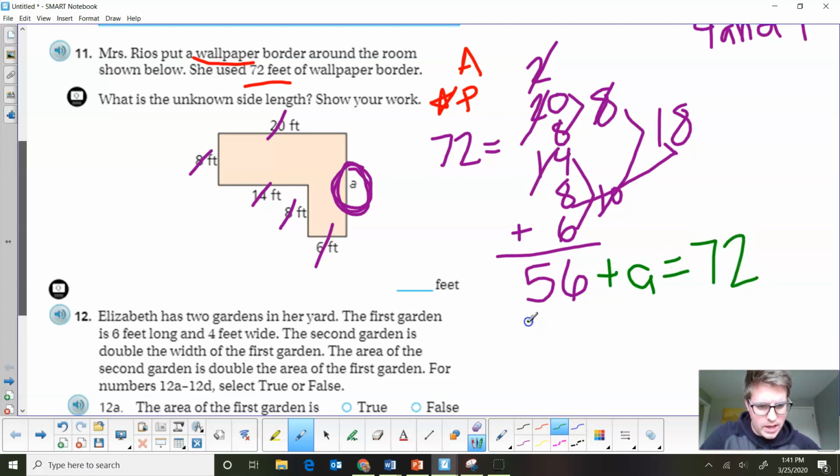So if we can't add forwards, because we don't know, let's try subtracting backwards. So let's try doing 72, I'm going to do it up here, minus 56, and that's going to give me my missing answer. All right, so 2 minus 6, Bobby?